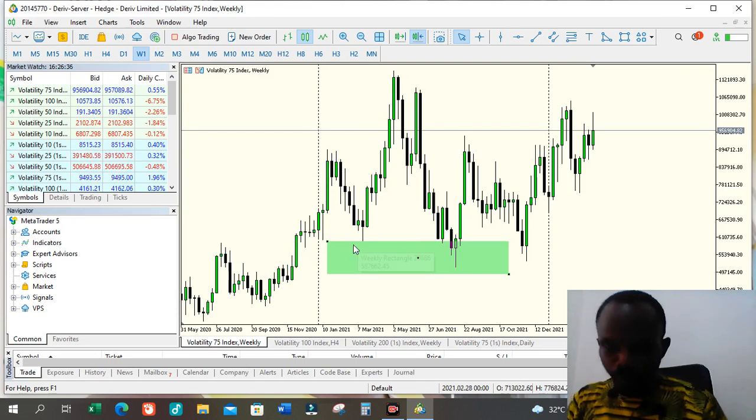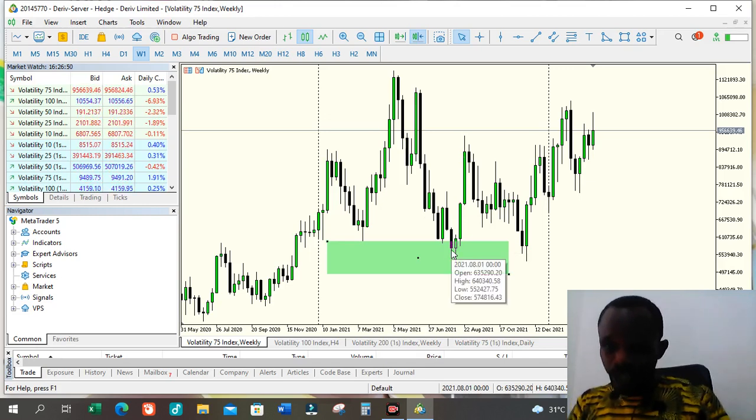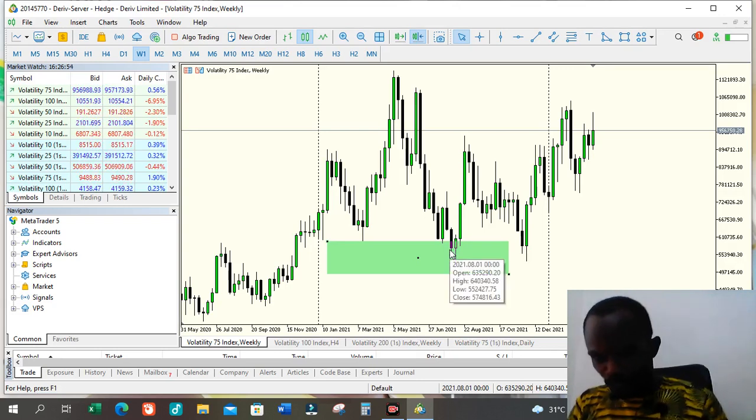But here we have a low, at this point, which was now taken down. What it means is that if a low has been taken down, the trend has actually changed. My mentor calls it a shift in market structure.